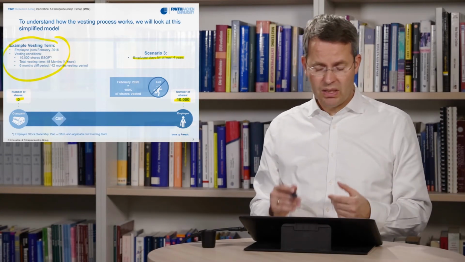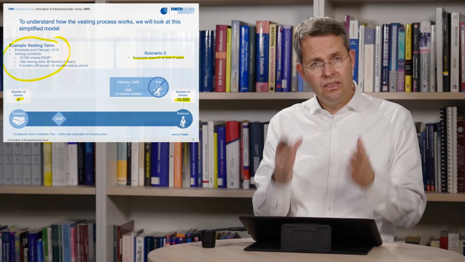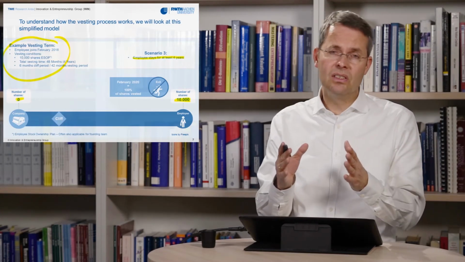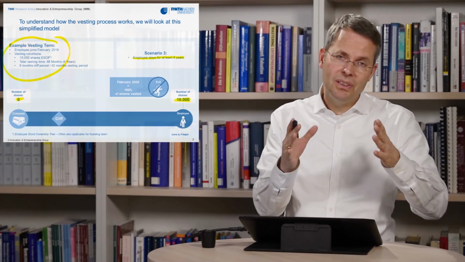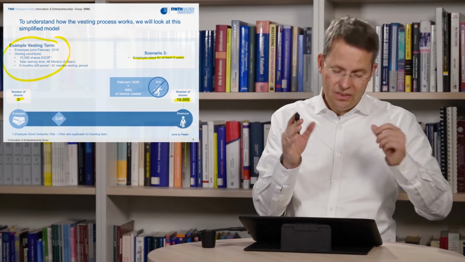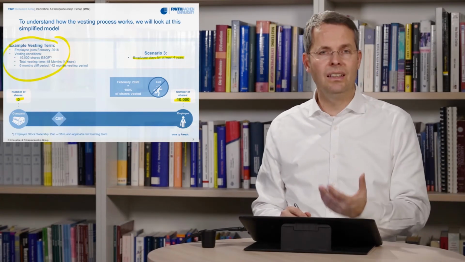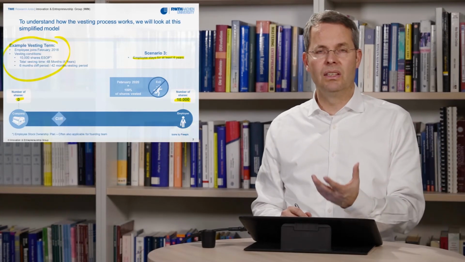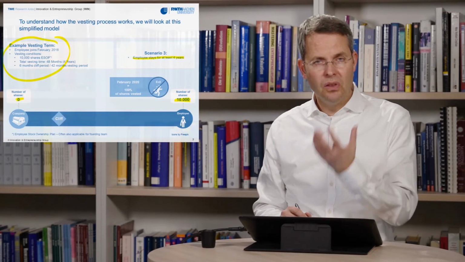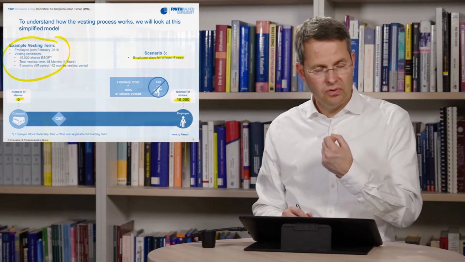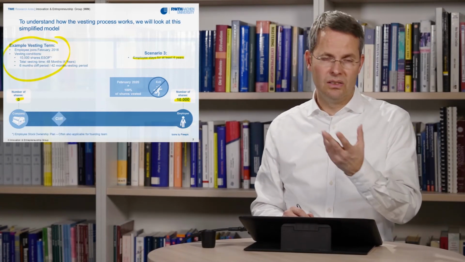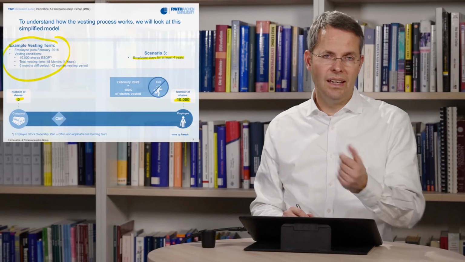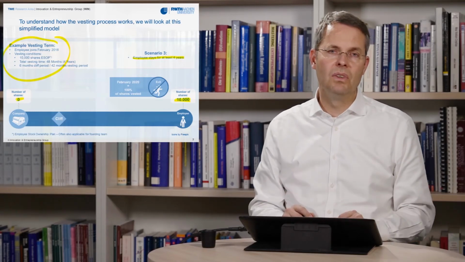Because what you'd like to do is align these interests, keep key employees, key people in your business, and vesting is the way to do that, because they only get the full number of shares and stock options if they stay the period of time they agreed on.